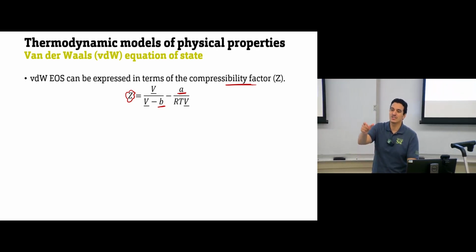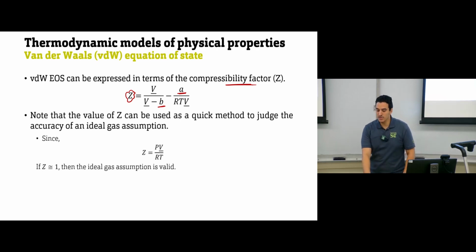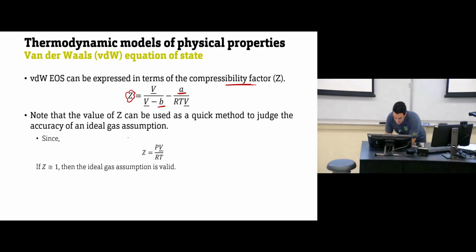So the question, what is Z? What is this compressibility factor? Z, the compressibility factor, is just a ratio with which we can judge the accuracy of the ideal gas assumption. We know that for ideal gas we have PV equals RT.